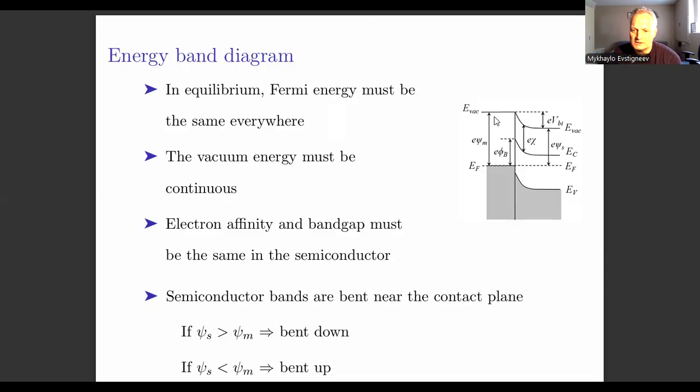And this means that the semiconductor bands must bend, which is due to the fact that there is a potential difference between the metal and the semiconductor, and that potential difference changes as you go further and further away from the interface between the metal and the semiconductor.